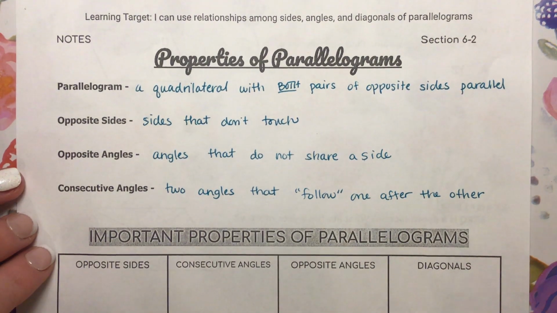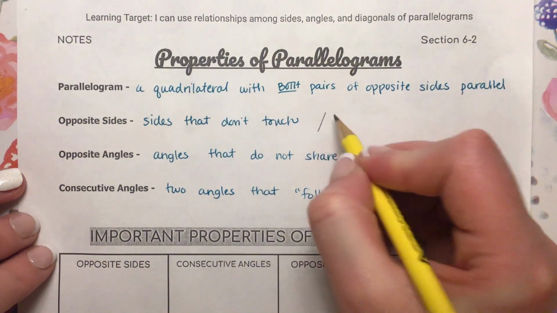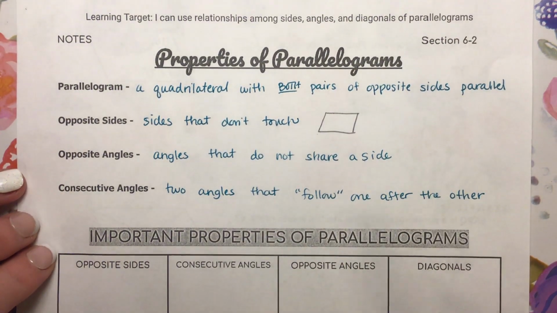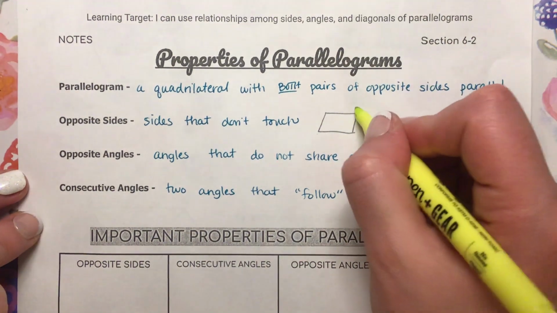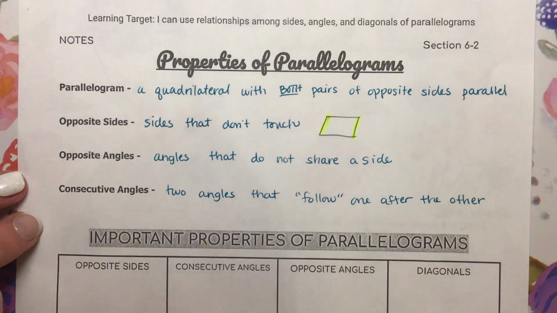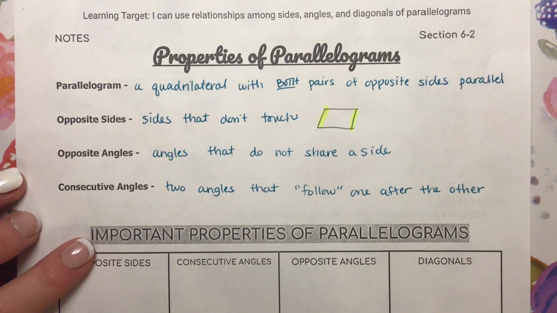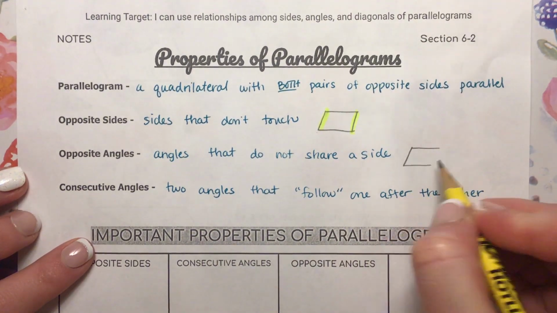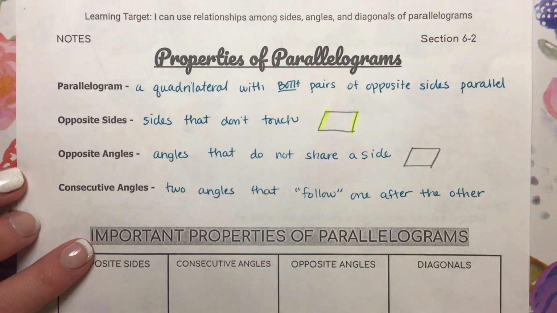So let me draw a quick little sketch. Opposite sides in a parallelogram, for example, would be this guy and this guy. Notice how they are on opposite sides. Opposite angles in a parallelogram, so I'm just drawing a generic parallelogram right here. They don't always look like this.